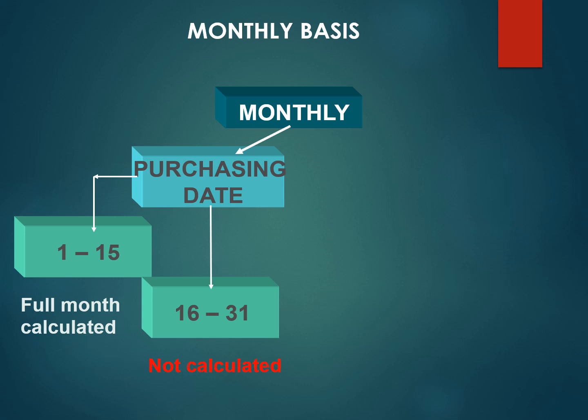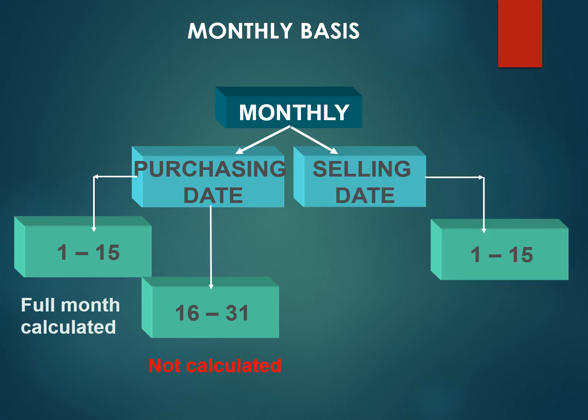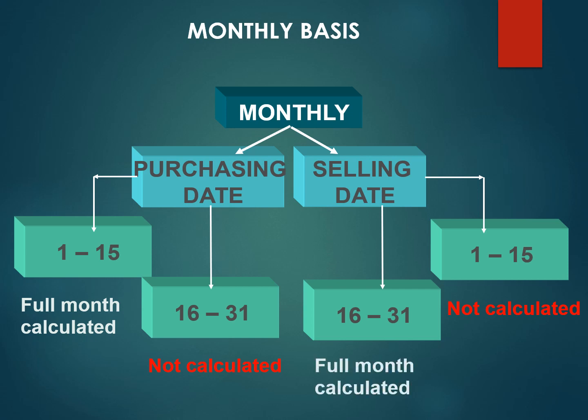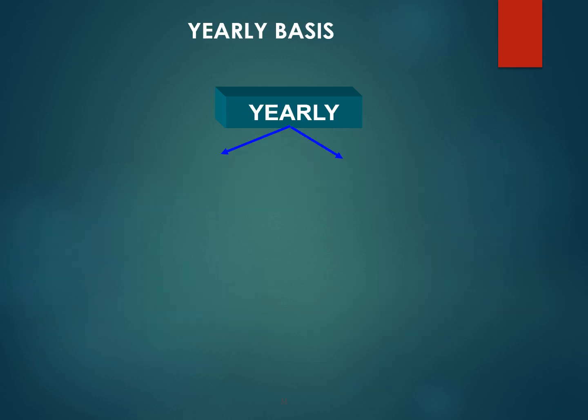And if we sell the fixed asset from the date 16th until 30th or 31st, the full month depreciation also declared in that particular month.